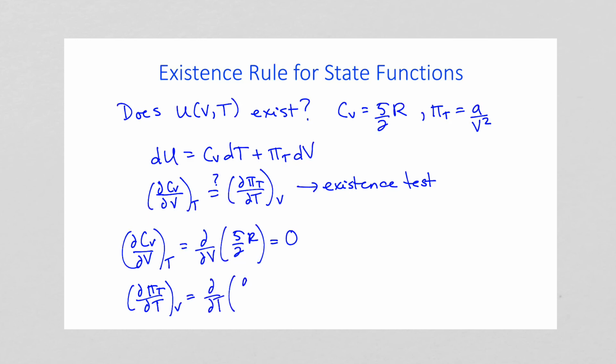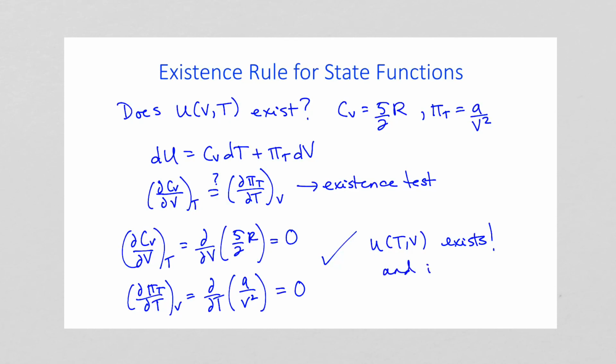Plug in your expression for pi t, and once again, no T in there, so we get a value of 0. So we have the situation where this is true. They both equal 0. Our function exists, and we already knew that, and it's a state function.